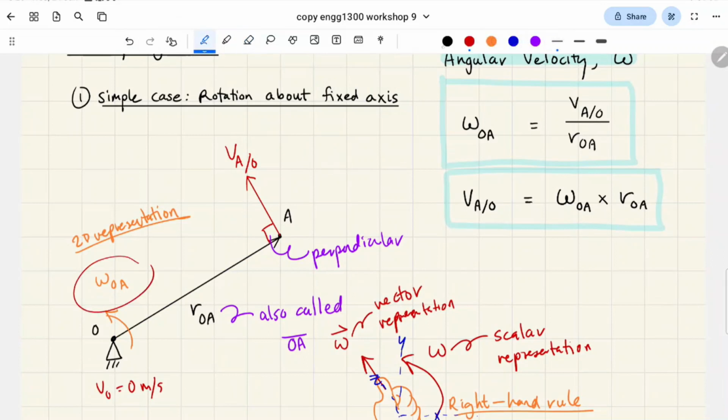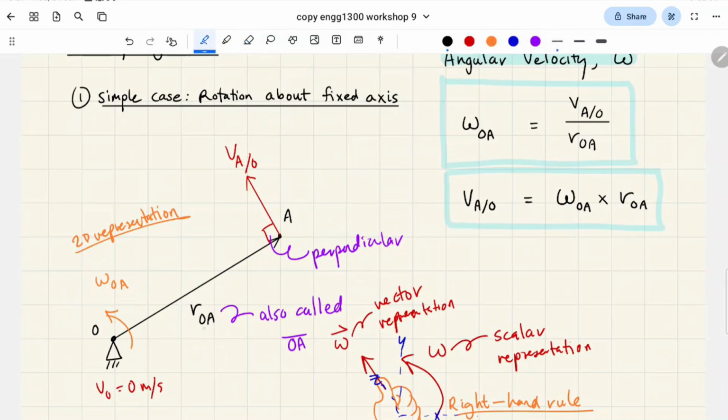You might notice that here and here, I've called this angular velocity omega OA, and that's just my preferred notation, because it just makes more sense in my head, like going from point O to A, and then that's the spin being caused there.